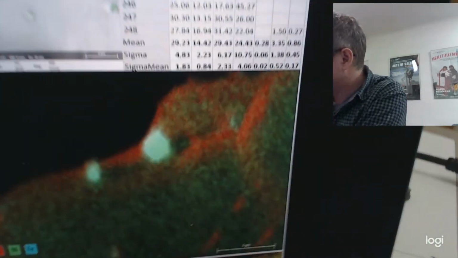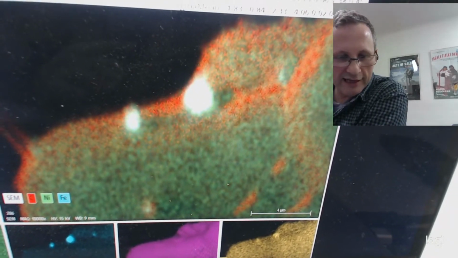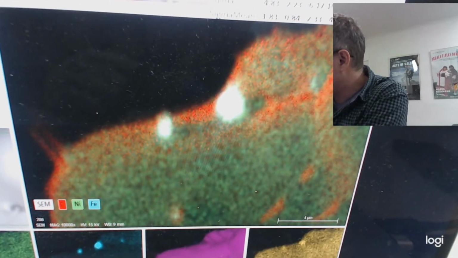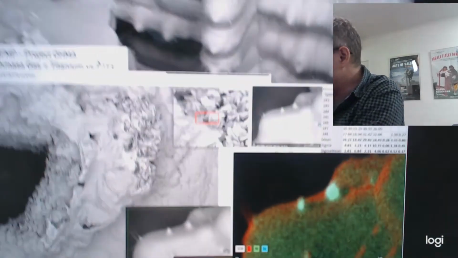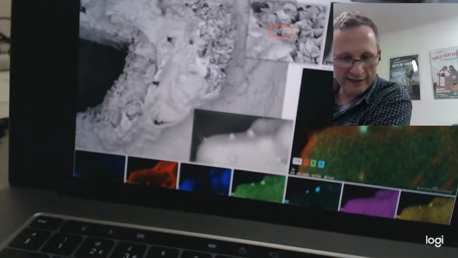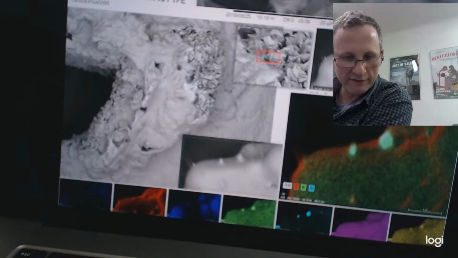And what we found is that they had this nickel titanium iron sort of step process, and this was verified independently by Madison, Wisconsin University.